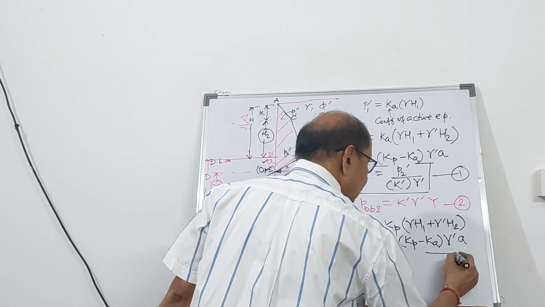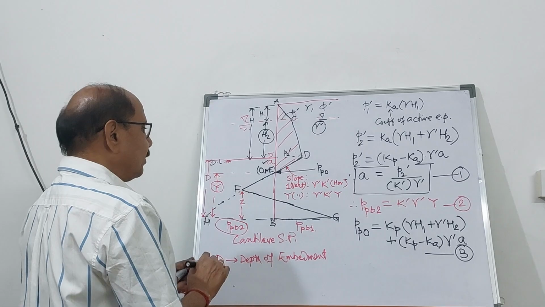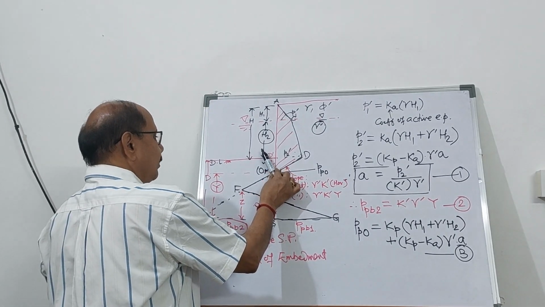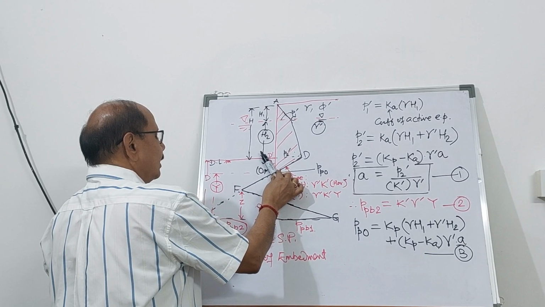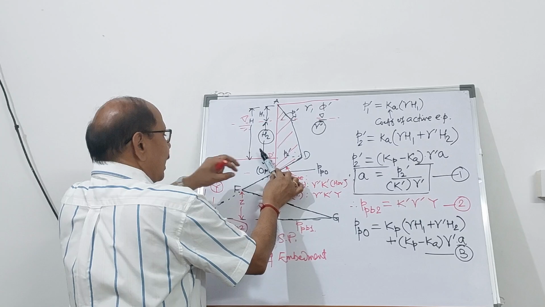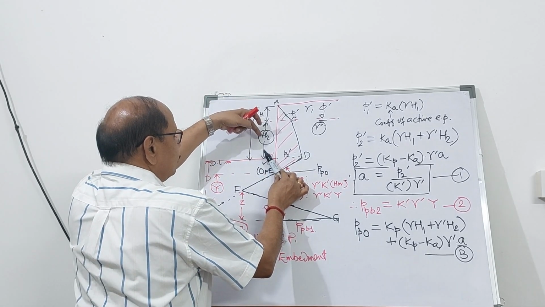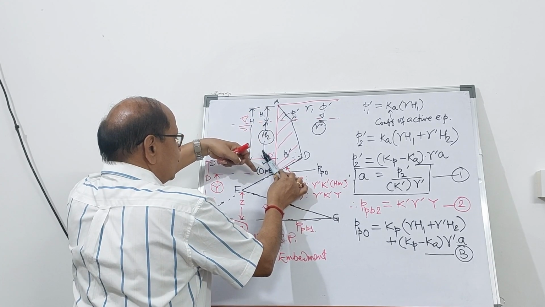So this is the passive earth pressure. Depending upon the deflected shape about E or about O, it is going to deflect, and therefore I calculate Kp times gamma H1 plus Kp times gamma prime H2, plus this.